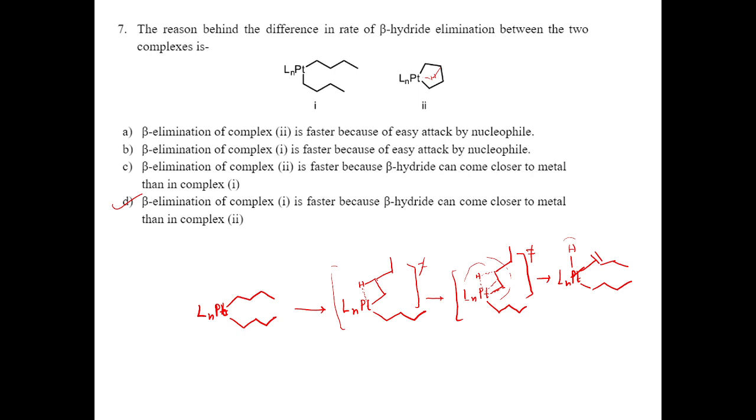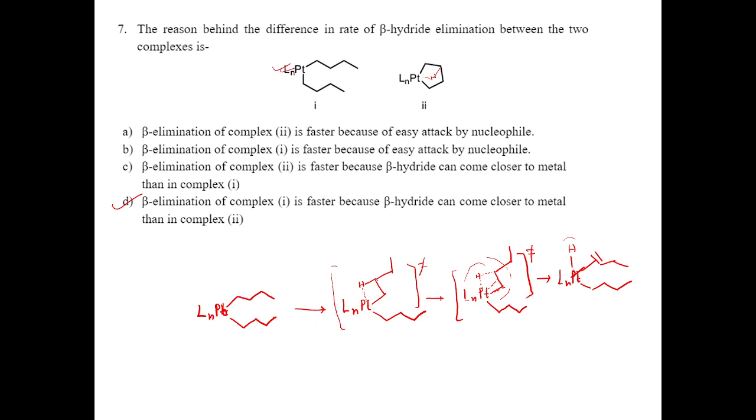So this reaction will be much slower compared to this, because free rotation of this long alkyl chain can always be done, but in the ring case it is not always possible, right? There is so much strain. So that's why the beta elimination reaction will be much faster in complex 1 compared to complex 2.